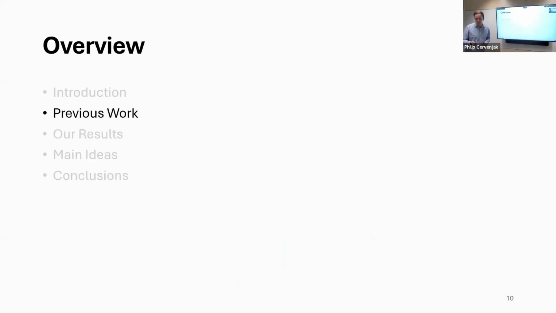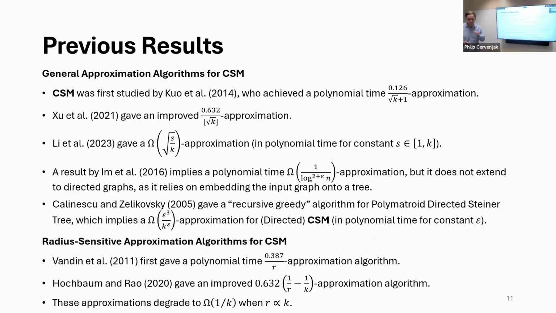Okay, so let's look at some of the previous work on our problem. Mainly polynomial time algorithms have been studied for this. This was first introduced by Kuo, who achieved a roughly 1/√k approximation with this constant factor of 0.126.